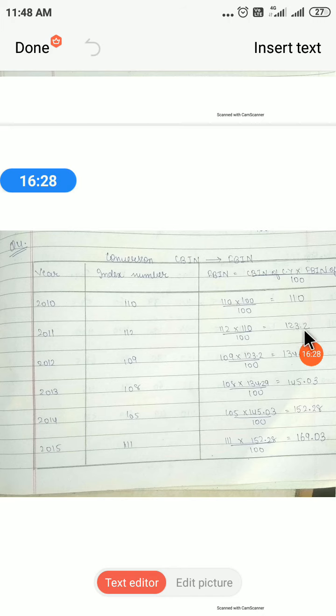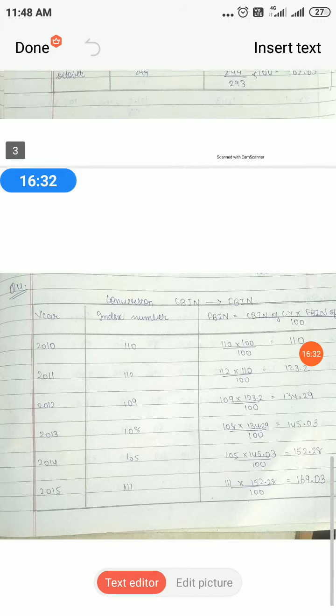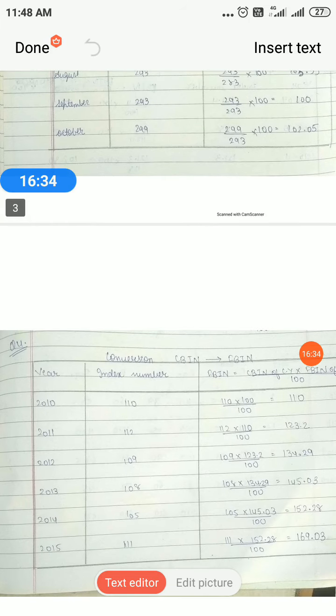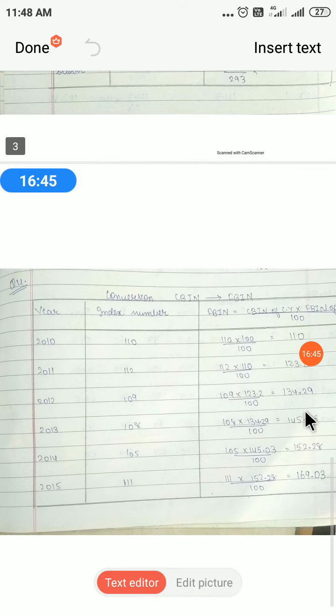So 123.2. Then for the year 2012, 109 into 123.2 upon 100 is equal to 134.29. For the year 2013, 108 into 134.29 upon 100.